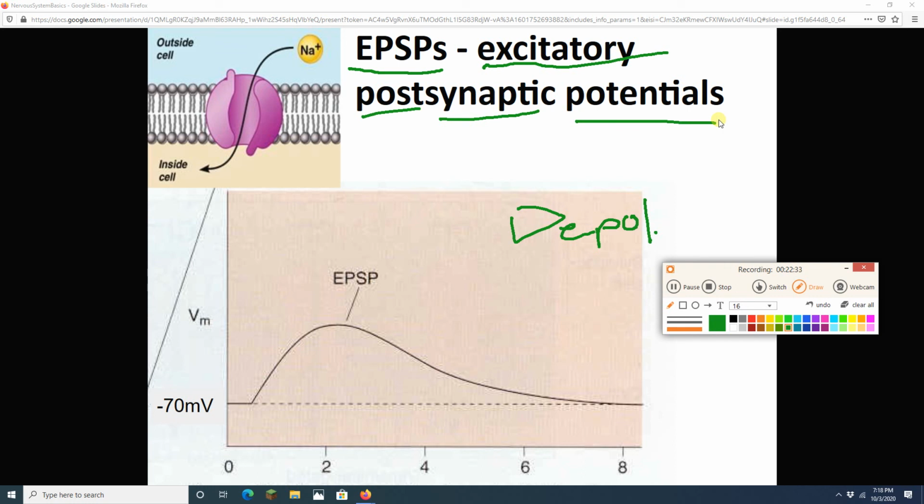Potential is used here because we're dealing with a change in the membrane potential. Postsynaptic because we're talking about the postsynaptic neuron, the one that gets the neurotransmitter. Excitatory because if the membrane potential gets more positive, that is going to bring us towards threshold. That's why we use the word excitatory here.